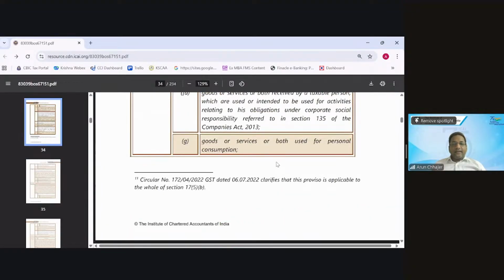Sometimes they have correlated with the income tax provision, but in this, they have not correlated with income tax law. They are saying any expenditure incurred in the name of CSR as per section 135, that entire amount is not allowed, whereas under income tax it has a different treatment. So it will always be disallowed.